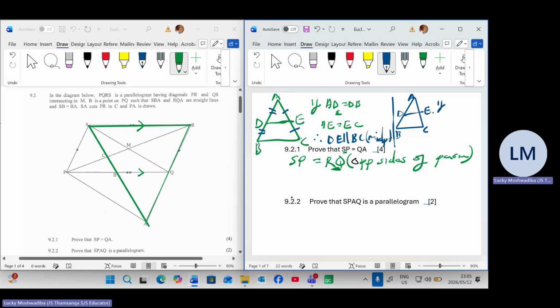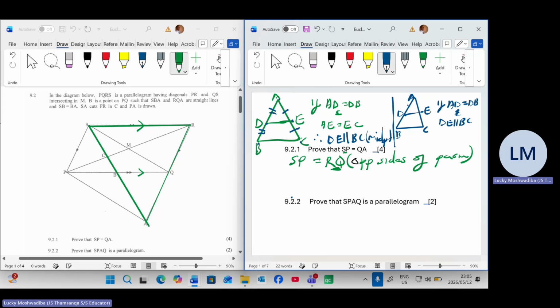If it is given that AD is equal to DB and that DE is parallel to BC, you can see the difference between the two, guys. In the first scenario, we are given that AD is equal to DB and AE is equal to EC.